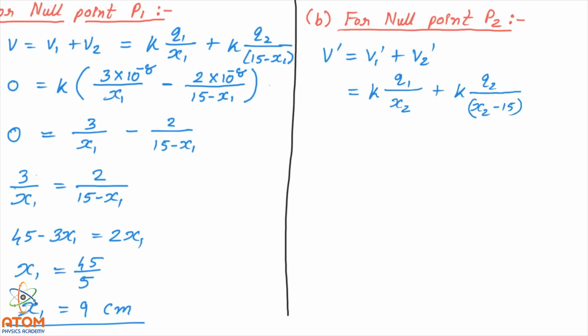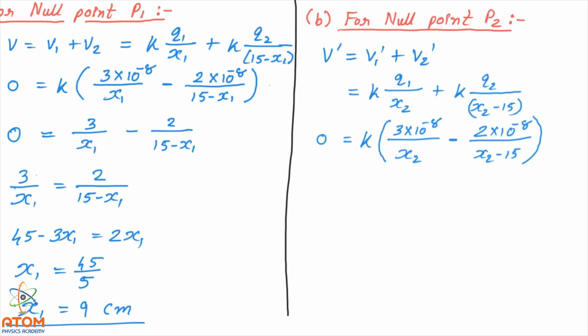Now because this P2 is a null point, that's why the potential V dash will be 0 here, and the value k is common, and I can put the value of q1 now. Q1 is 3 into 10 raised to minus 8 upon x2, and this is minus 2 into 10 raised to minus 8 upon, here I have to put x2 minus 15.